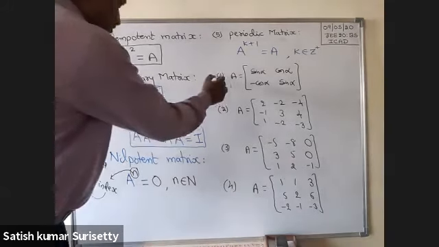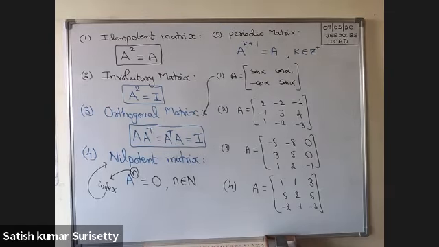Are you getting A into A transpose equal to I? That's it for the conclusion. A is an orthogonal matrix. The first one is orthogonal. Try the second, all of you now.